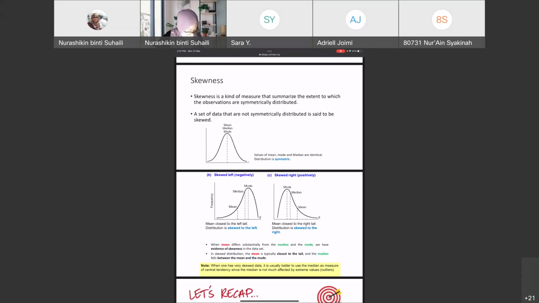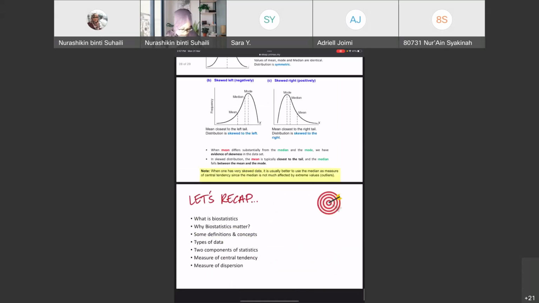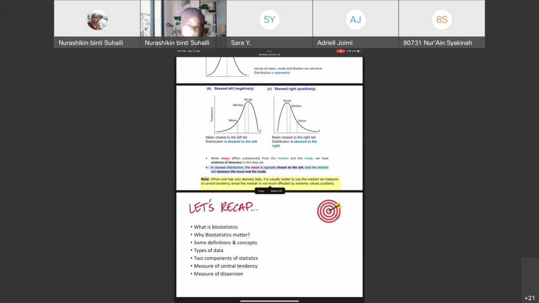That's what you have to take note of. The peak here refers to the mode value. You can see that the positions of the mean and median are different. Here, the mean and median are less than the mode. In the second situation, the mode is less than the median and the mean.